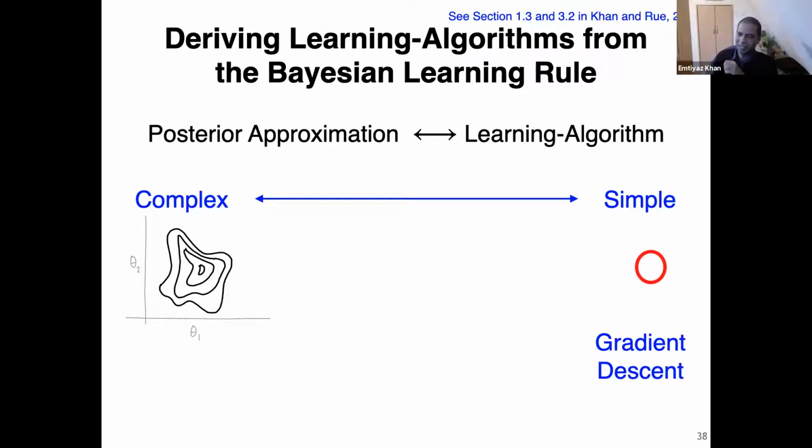But if I let the covariance also change, so now I don't have a circle, I have an ellipse, and I can adjust the ellipse to approximate the posterior, then it turns out that the Bayesian learning rule will start asking questions about the Hessian as well.